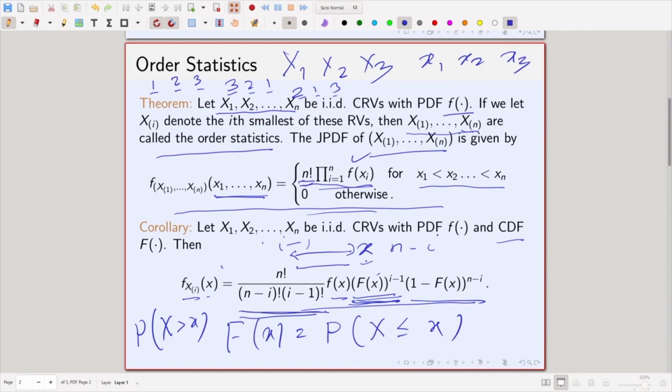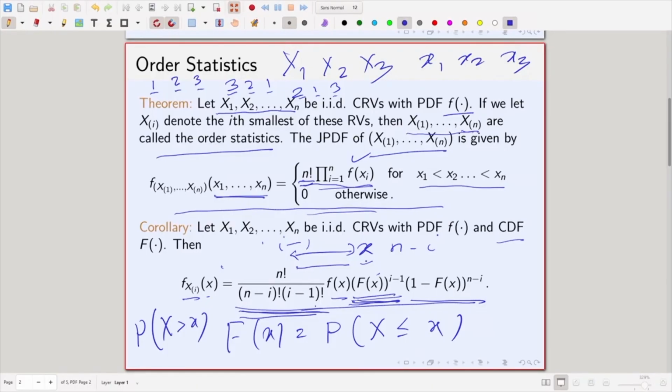Again, this is not a mathematical proof, but I have tried to give you a heuristic understanding of this density. If x has to be the ith minimum, then i minus 1 have to be less than that and n minus i have to be greater than that. Since the order statistic does not change on permuting, you can get this in multiple ways.